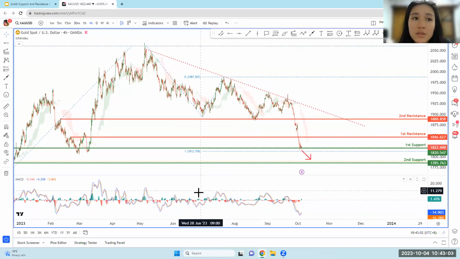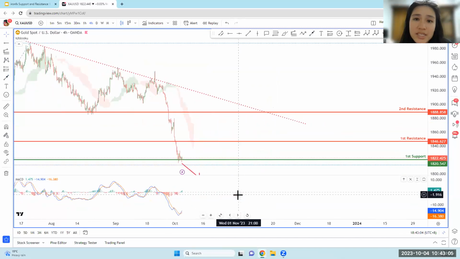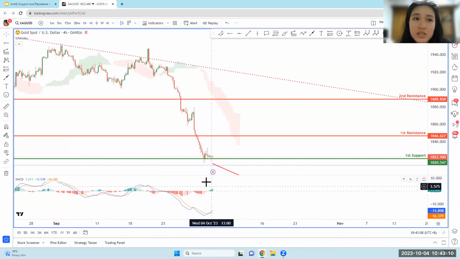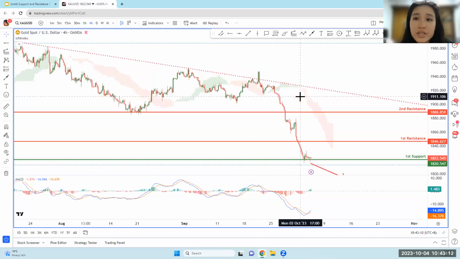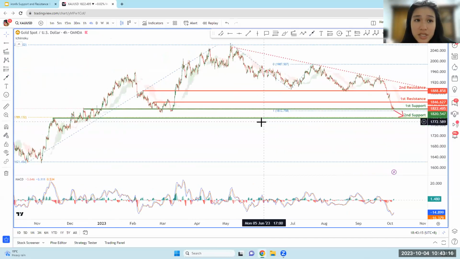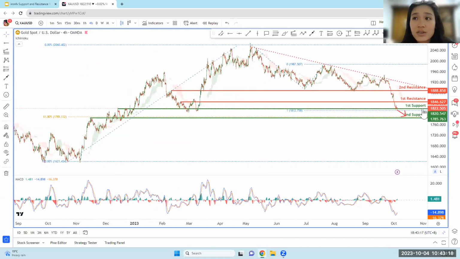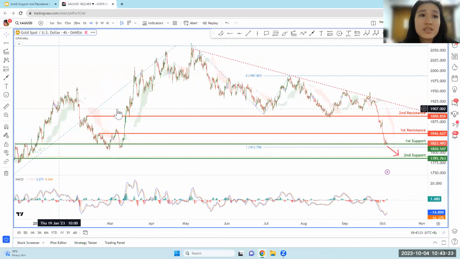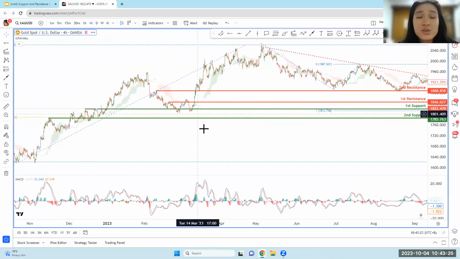Okay, but over here, our MACD is giving us a bit of a bullish signal. You can see from the green here. Okay, and the reason for that actually could be because, as I mentioned earlier, our first support is here. Okay, and it's a pretty significant level with the swing highs, the swing lows.